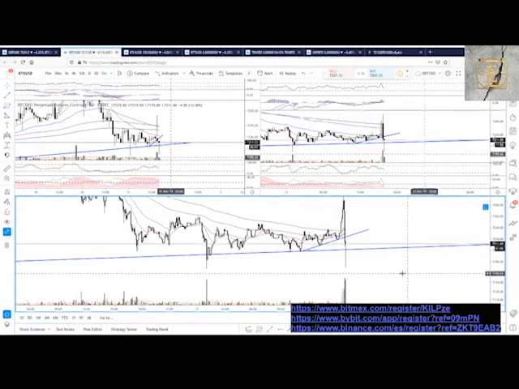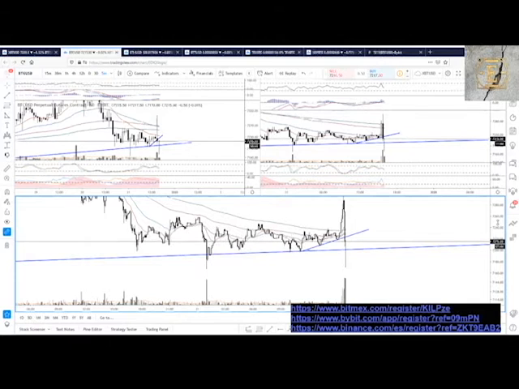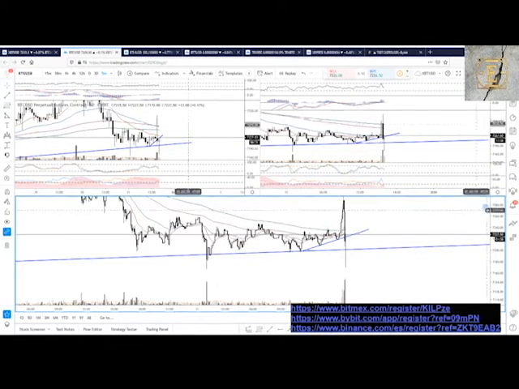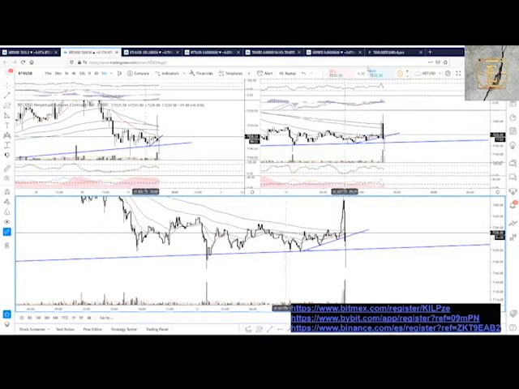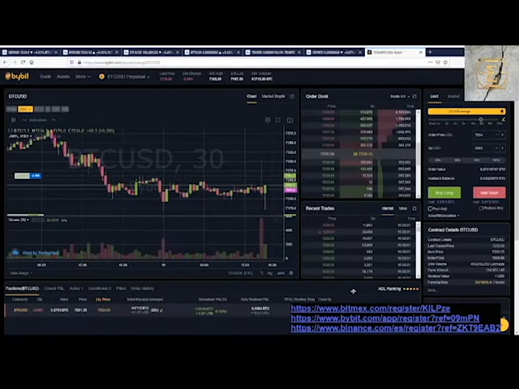Oh my god. This is insane. Now this is a big rejection candle. Okay, I close one, and the other one I need to close if I don't want to. What is this, man?